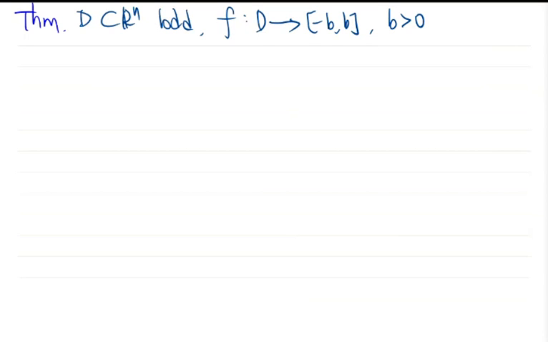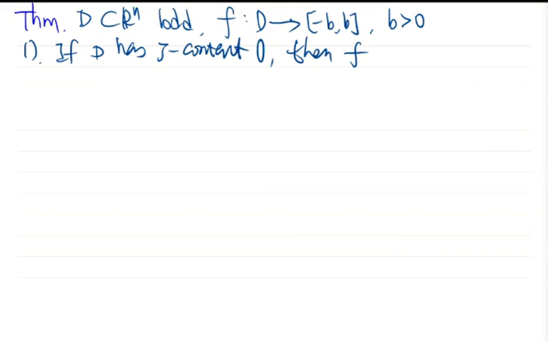That means B is an upper bound of f, and minus B is a lower bound of f. So it will be convenient to write a bounded function in this way. Then our conclusion is that if D has Jordan measure, content 0, then f is integrable over D, and the integral is 0. Okay, this is the first property.